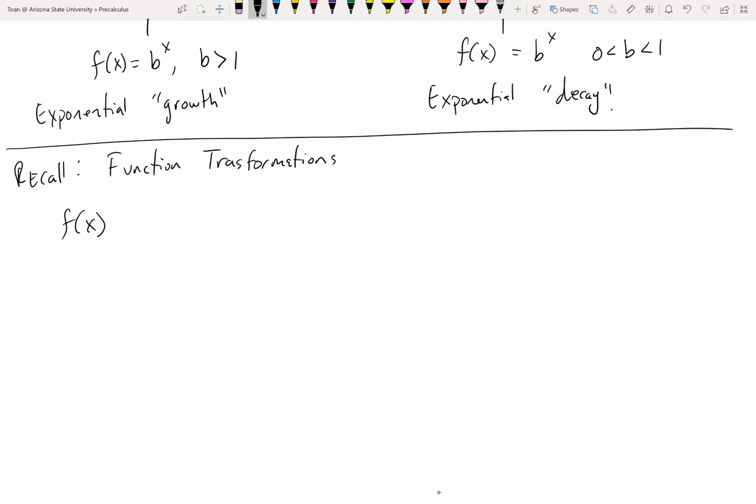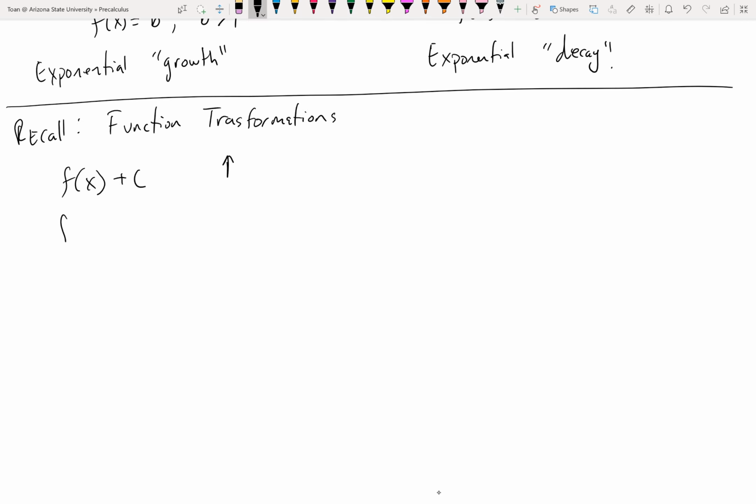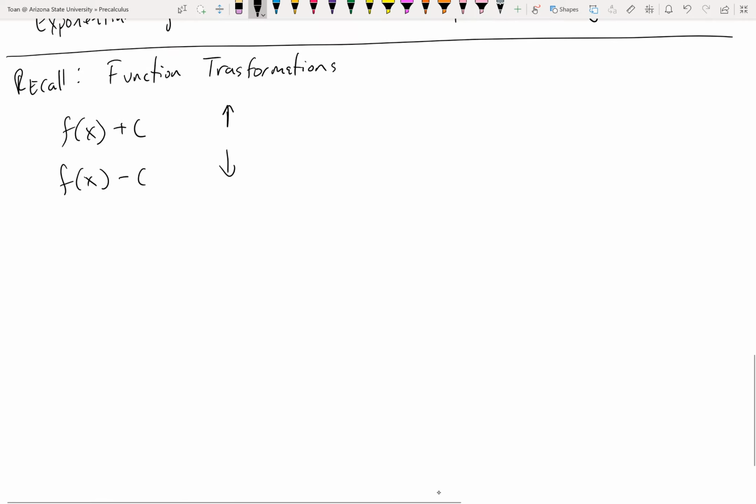If you add to a function, you will move the graph up. If you subtract from a function, you will move the graph down. If you add directly to the x, you move it to the left. If you subtract directly from the x, you move it to the right.